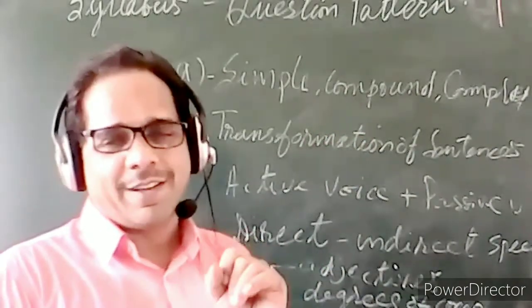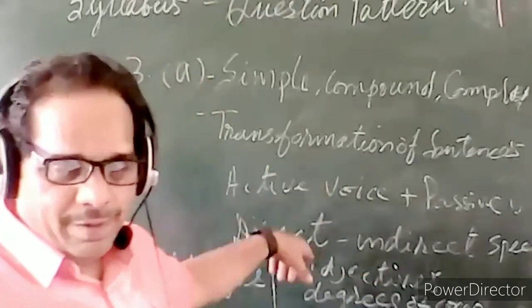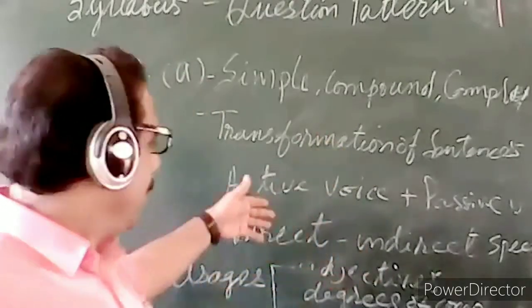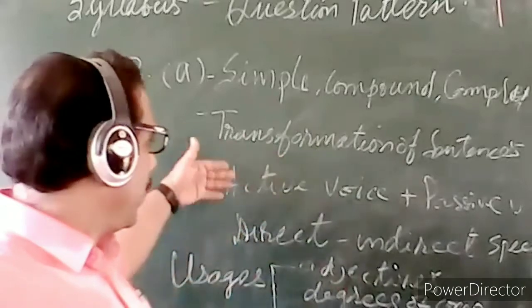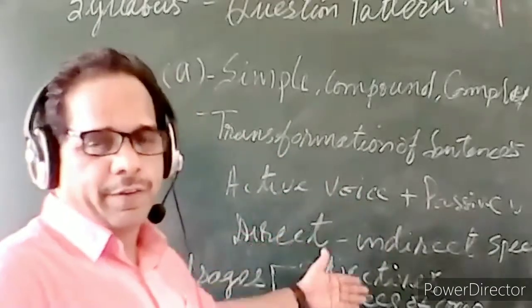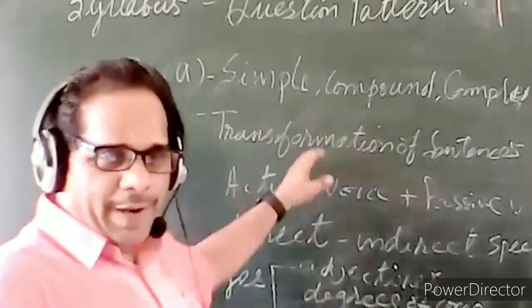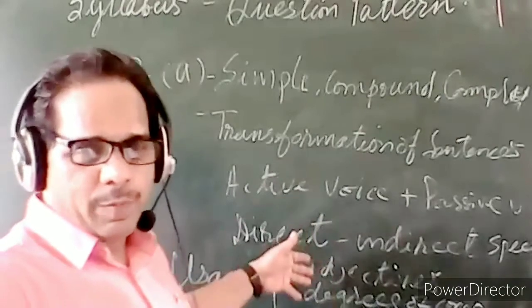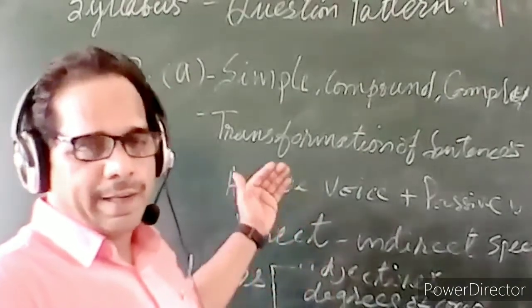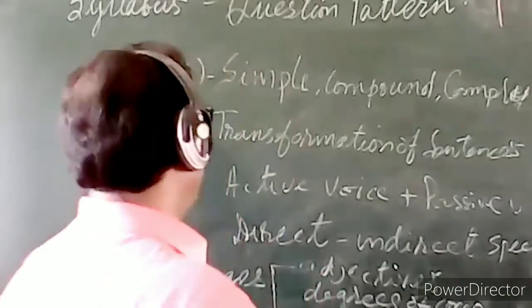So just for 1 or 2 marks, you need not struggle so much. The other 3 questions will be from active voice, passive voice, direct and indirect speech, and different usages. You have some idea already about these things. We will take it up, but a little later.